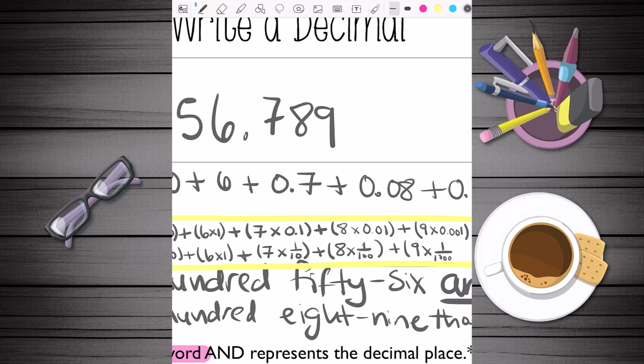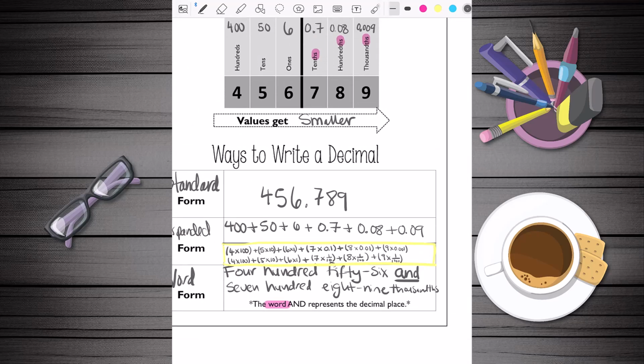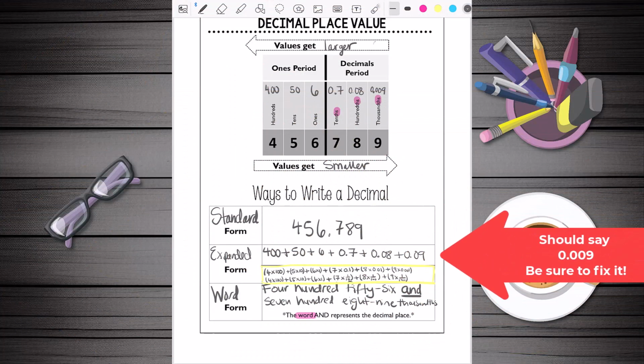And again, these are quick notes. We're really going to dig deeper into the topic and practice and look at why this is written this way. But these are our quick reference notes. So we'll go over the reasons for it and how expanded form works in all 3 different formats. Okay, make sure you fixed the thousandths in the top expanded form.